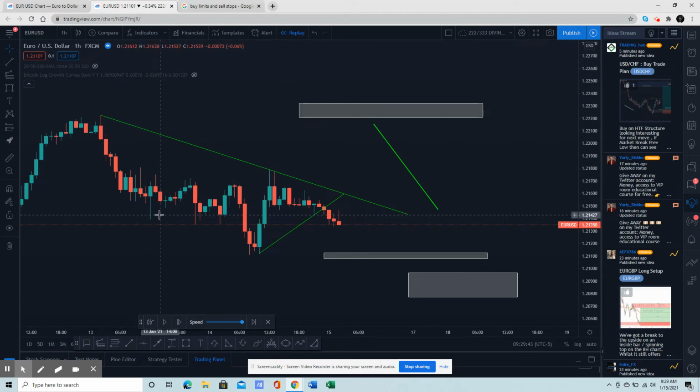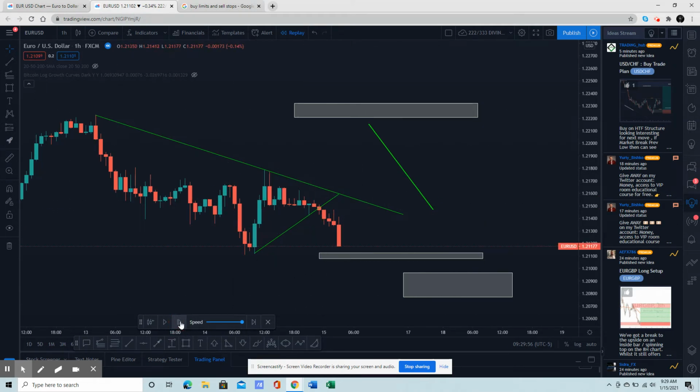You have a lower low, higher low, lower low, higher low, lower low, higher low, lower low. All right. So we're still in a downtrend. All right. So now we're really getting down there. Now this candle right here, this is a retest of what? Look left. Look left. The still market structure. All right. Look at all this structure.